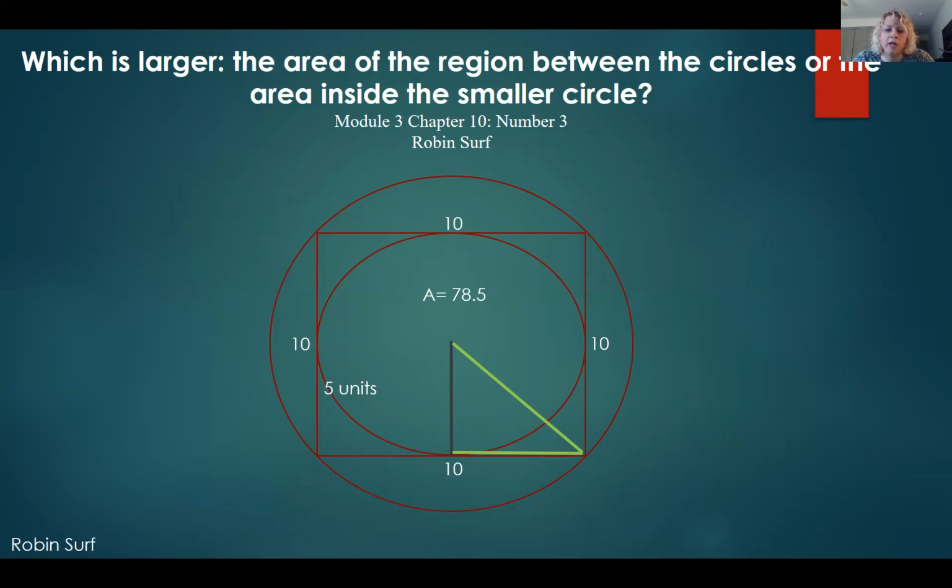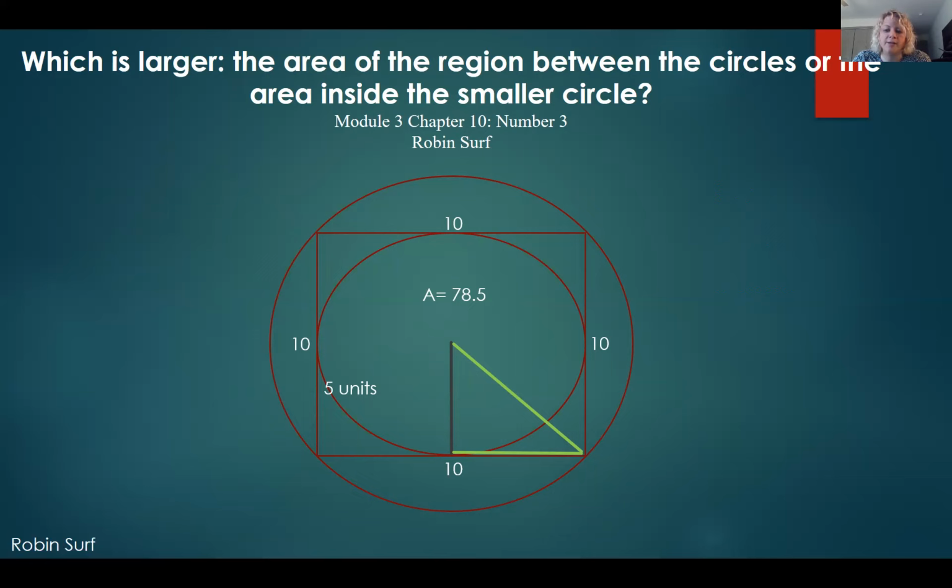When using the equation a squared plus b squared equals c squared, the hypotenuse comes out to be 7.07. So if you use the equation A equals pi r squared for the larger circle, then the area is equal to 157.